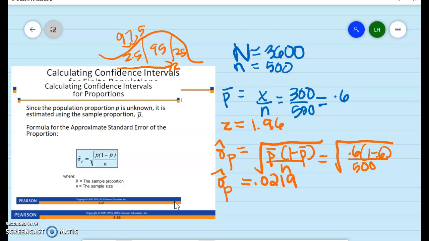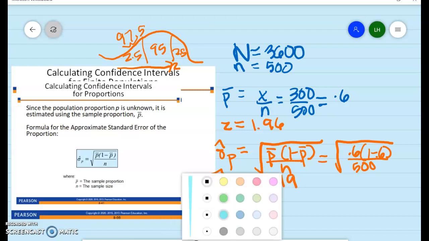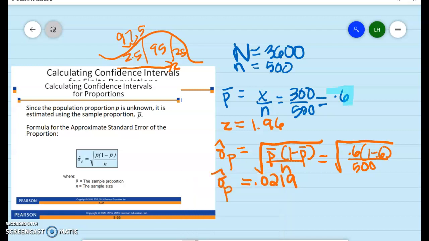Okay, so far we have our proportion, we have our Z, and we have our approximate standard error of our proportion.